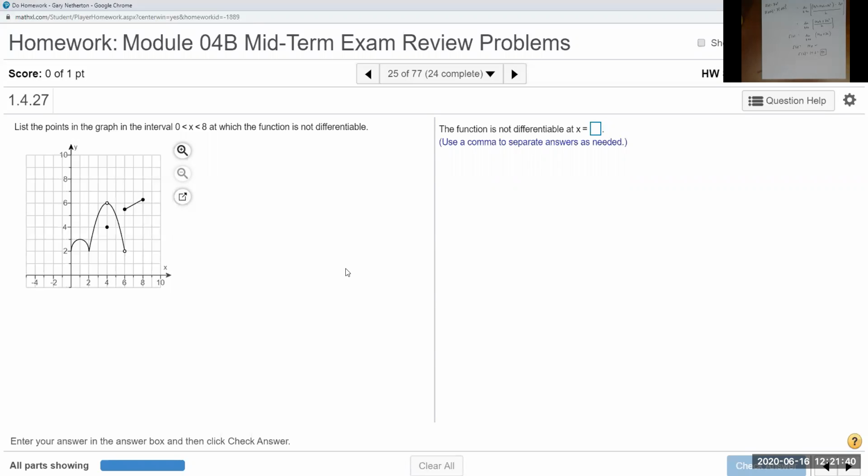But continuity is not enough, because in this graph, this little corner here is continuous. The second thing you have to look for is any corners. If you have any sharp corners, those are places where it's not differentiable, which means you can't take the first derivative.